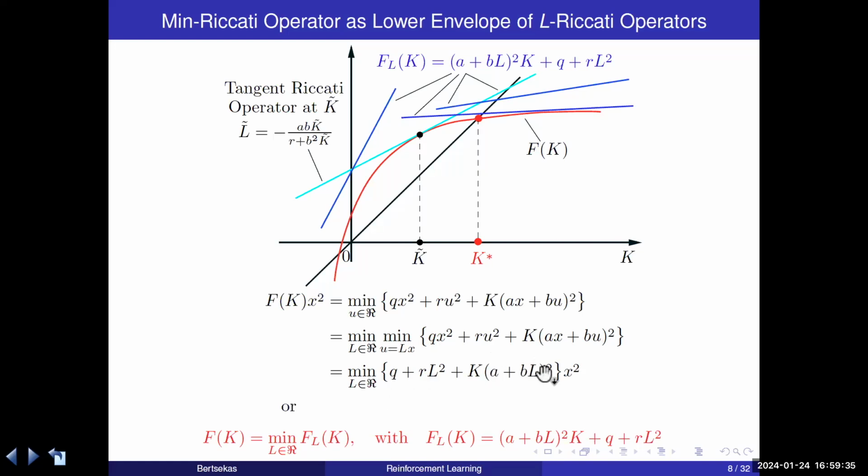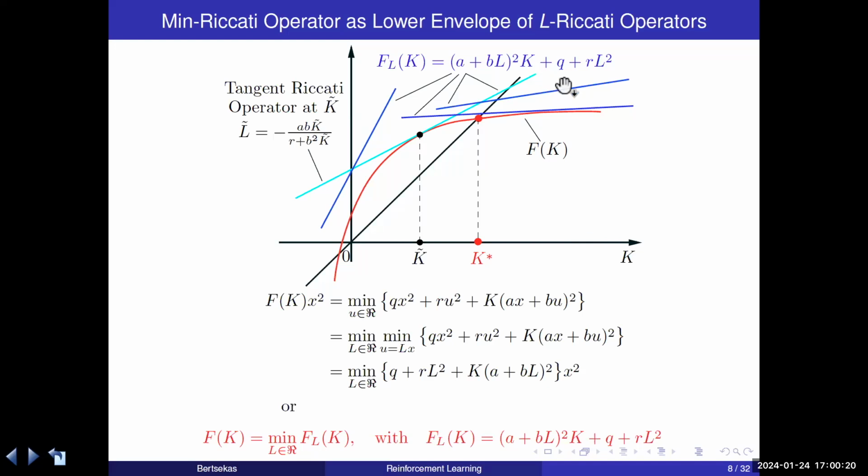You get exactly the L-Riccati operator, with x star factoring out, cancel out x star on both sides, and what you get is this. The min-Riccati operator for a given k is the minimum over all linear policy coefficients of the L-Riccati operators. So what this says is that this red curve is the minimum of all these FL lines.